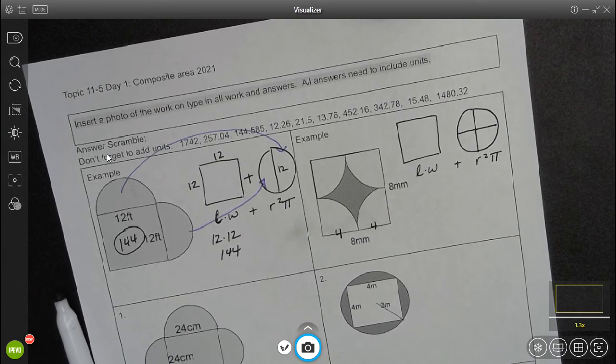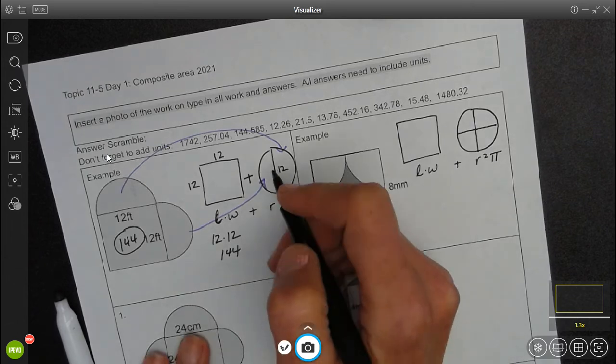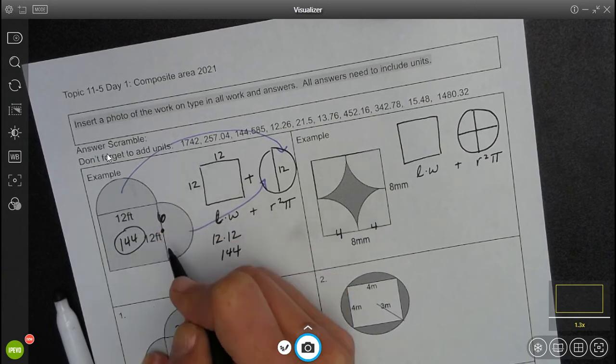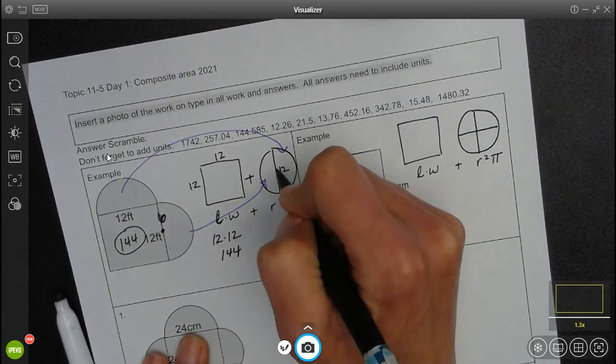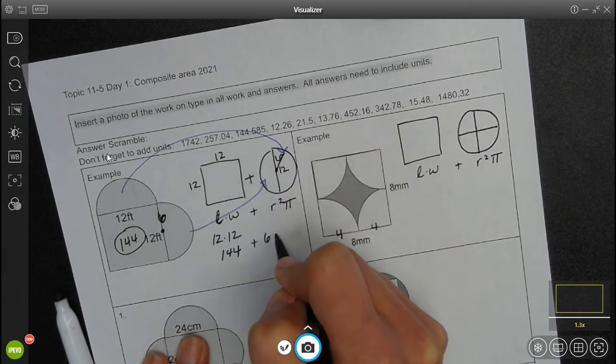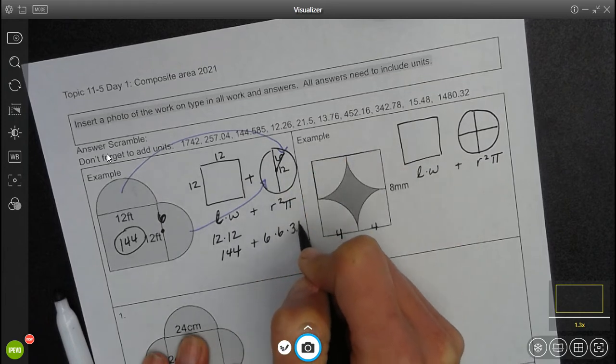And then that circle is going to be, well, let me see. What is the radius? The radius of this would be 6. Okay, if all the way across is 12, halfway across is 6. So 6 times 3.14.